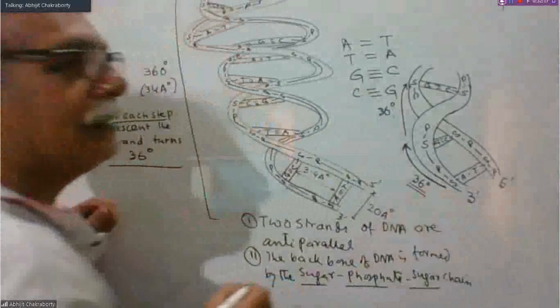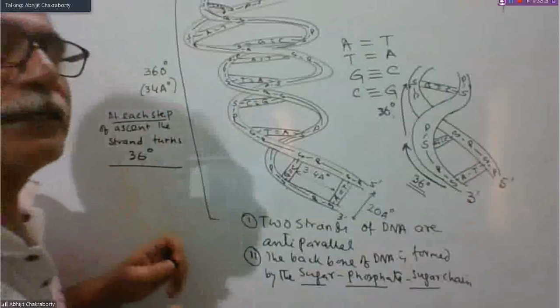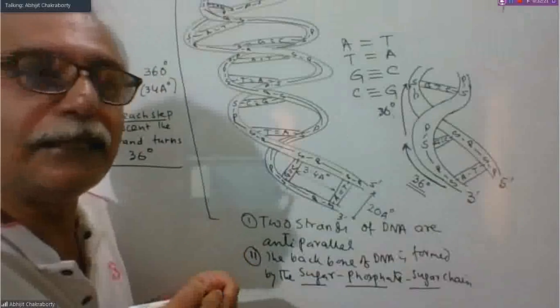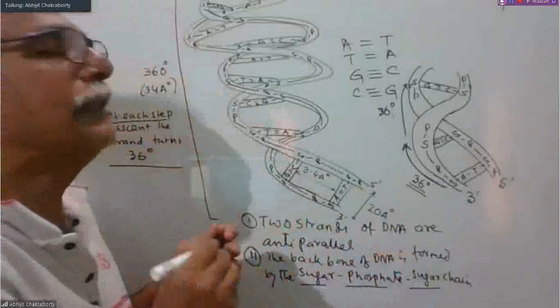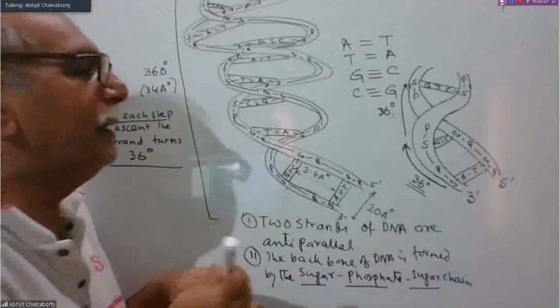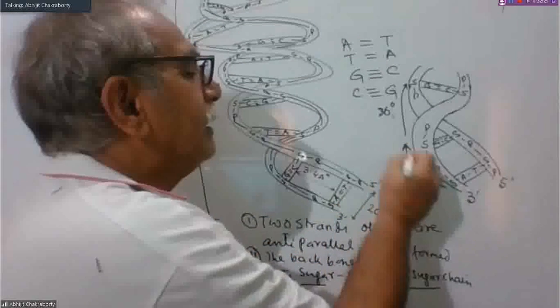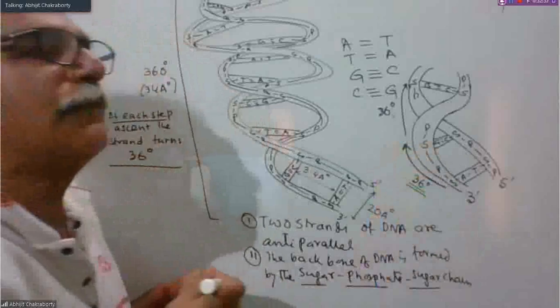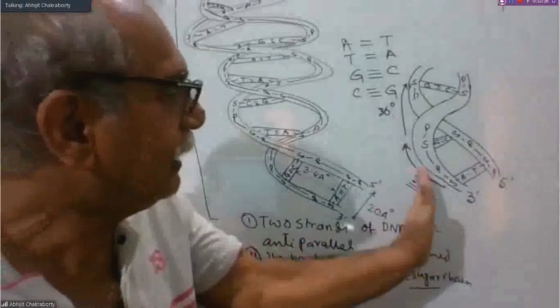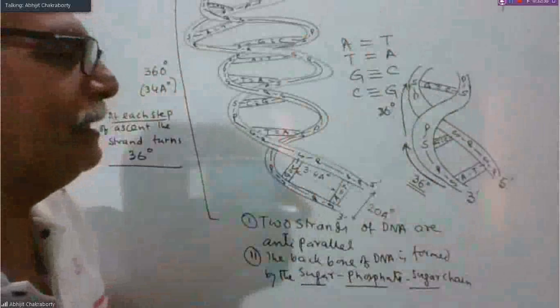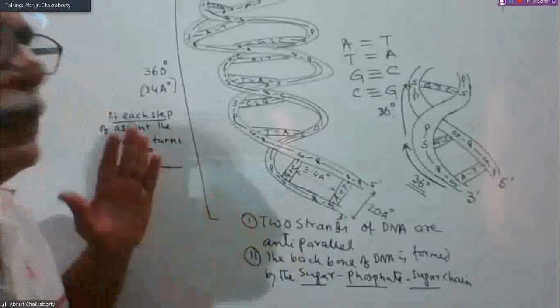So at 10 steps of ascent, the strand turns 360 degrees. And the length of which is actually 34 angstrom. That means each 36 degree step would be 34 divided by 10, that is 3.4 angstrom. So in this way DNA is helically arranged. Is it clear now?